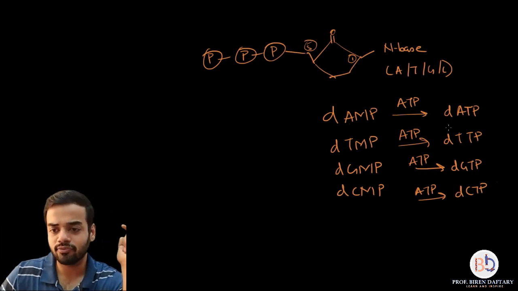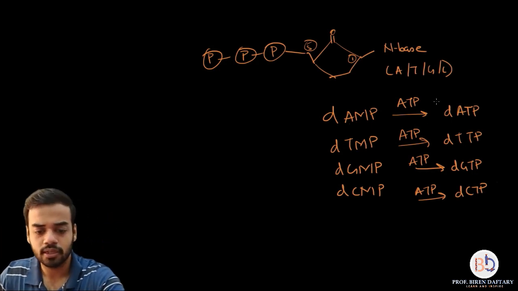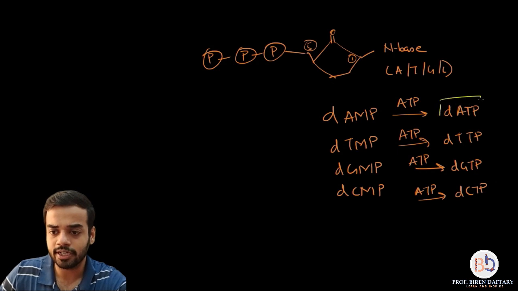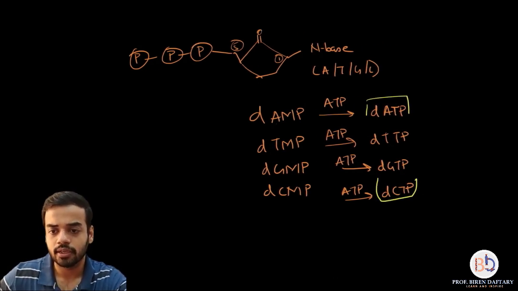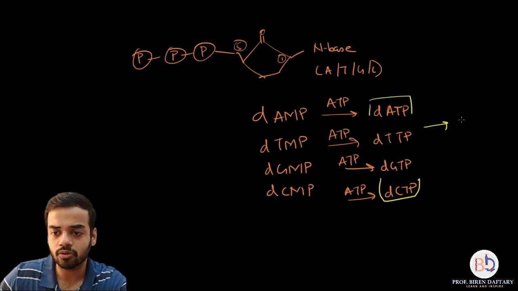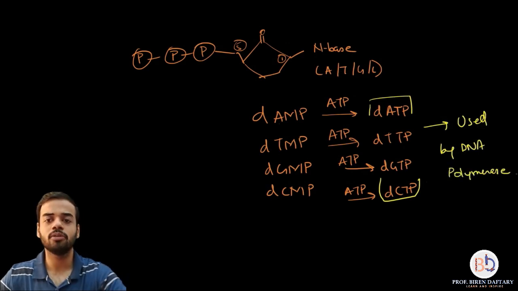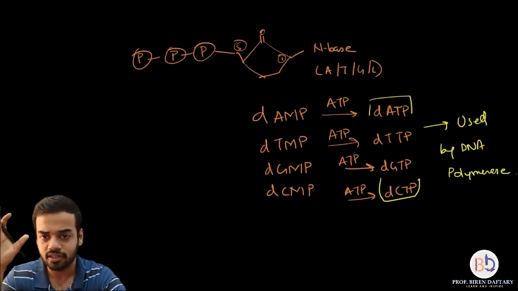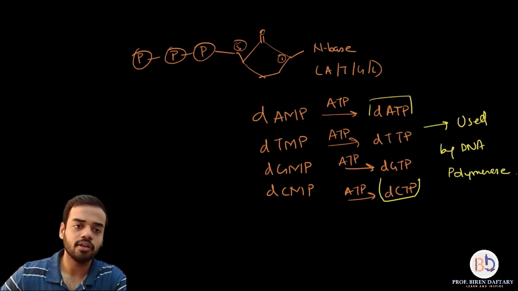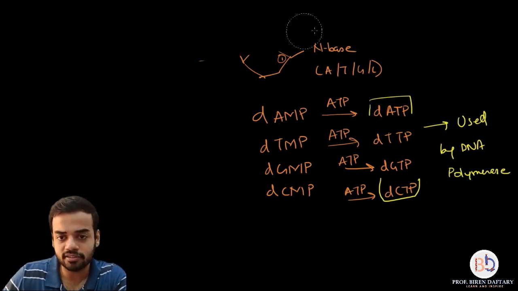So all these four which I have drawn are your ready-made nucleotides, and these nucleotides are going to be used by which enzyme? DNA polymerase. DNA polymerase is going to use these triphosphates of adenine, thymine, guanine and cytosine. Is this part clear? Okay, so now let us go back to the replication part.